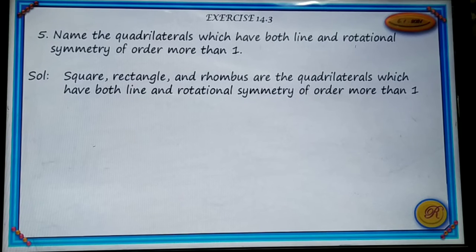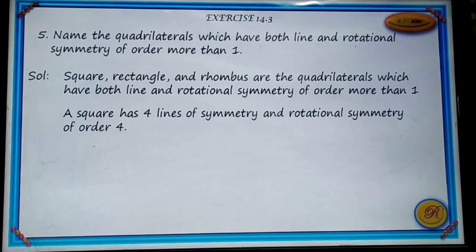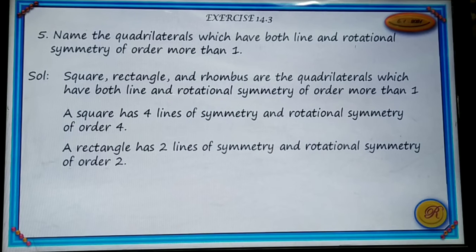Square has 4 lines of symmetry and rotational symmetry of order 4. A rectangle has 2 lines of symmetry and rotational symmetry of order 2.